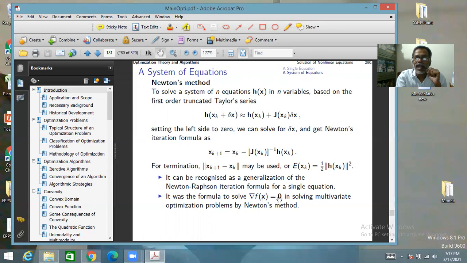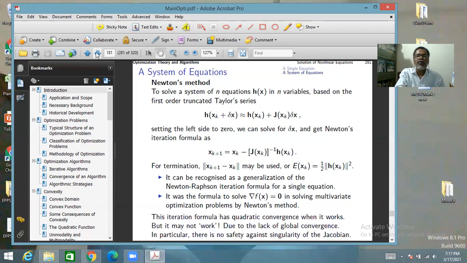So this actually used this iteration formula in Newton's method. However, there the advantage was that in place of h, we had a function which was a gradient of a scalar function, and therefore its derivative turned out to be the Hessian in place of this Jacobian, and the Hessian was symmetric. That was one difference.